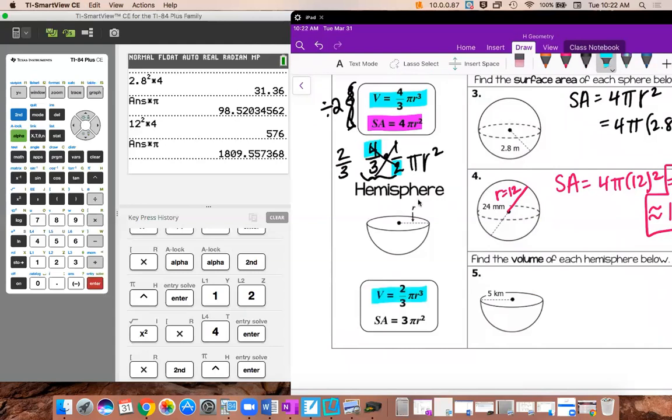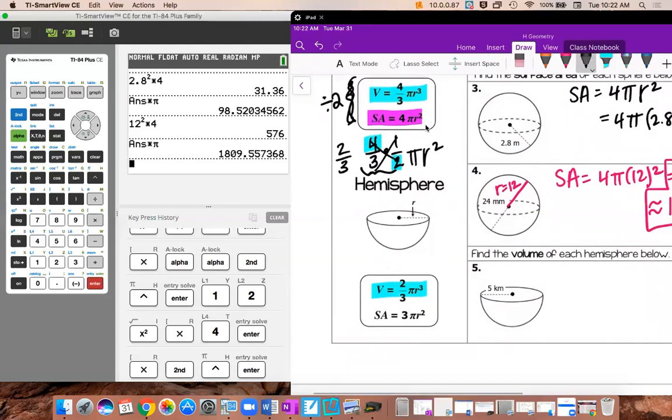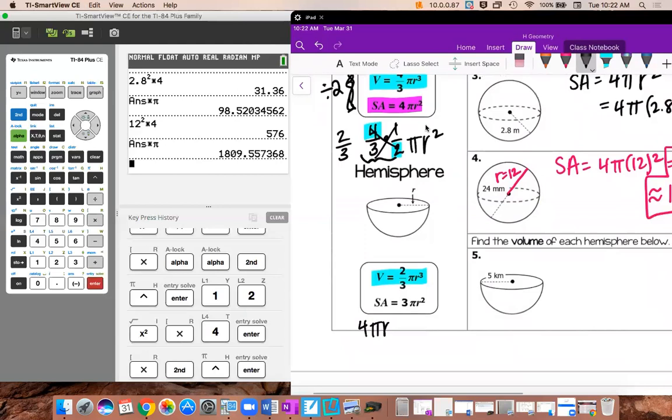Now the surface area is a little weird, because if I take the surface area for the whole sphere, which is 4 pi r squared, and I divide it by 2, you should only have 2 pi r squared left over. But they say the surface area is 3 pi r squared, because we also have this great circle that we have to include in the surface area. This circle goes around the edge of the middle of a sphere, and the circle on the inside here also has to be included in your surface area.